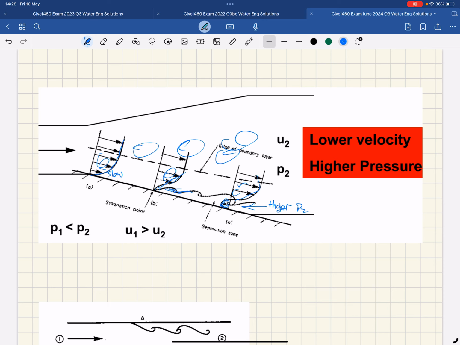And that's what boundary layer separation is. It occurs particularly in divergent sections and can be explained by the continuity and the Bernoulli equation.